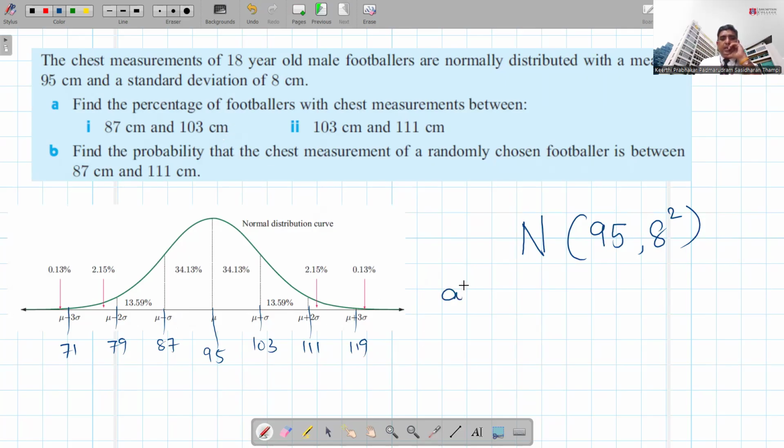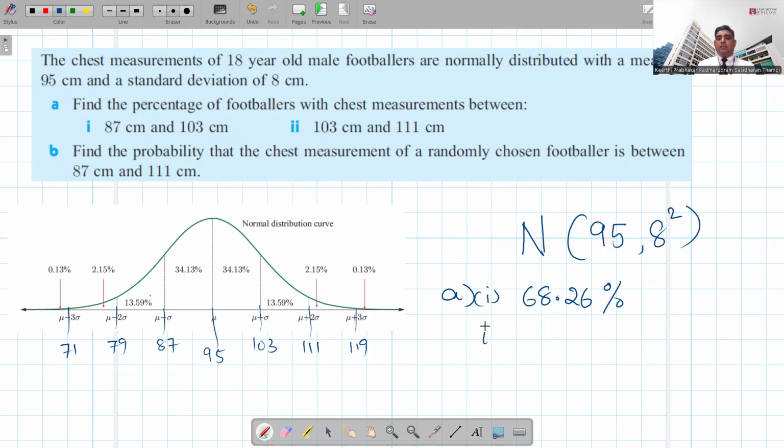The answer to part A is 34.13 plus 34.13, so 68.26% of footballers have chest measurements from 87 centimeters all the way to 103 centimeters.